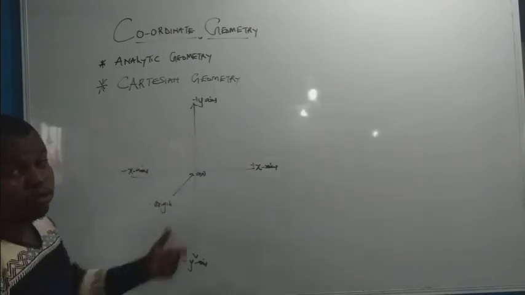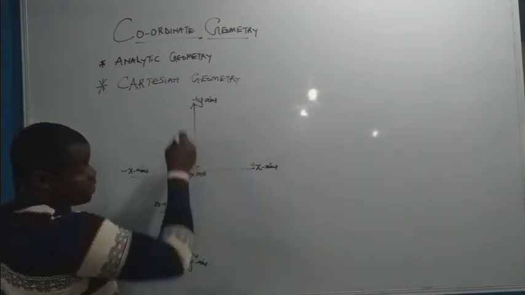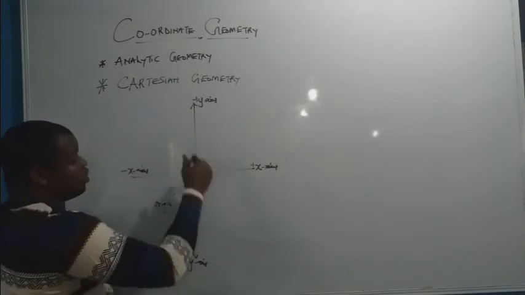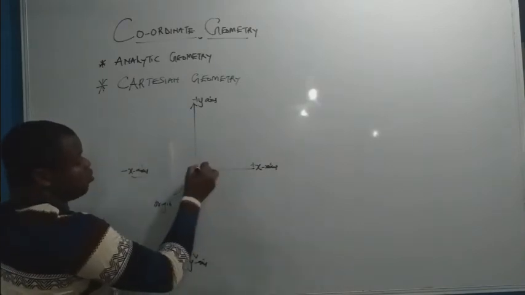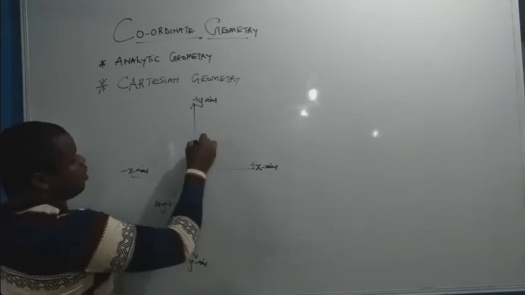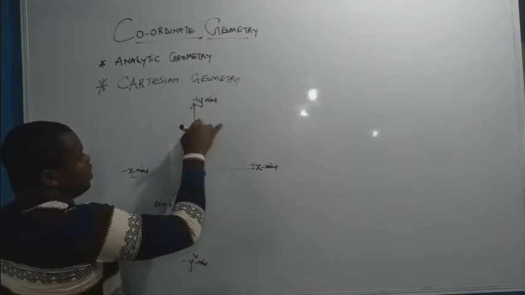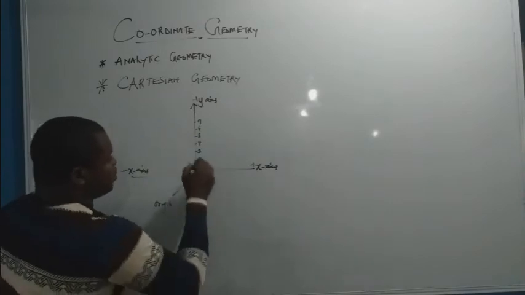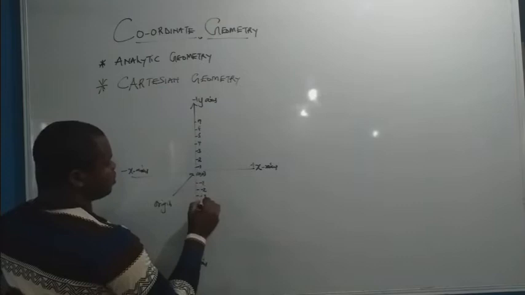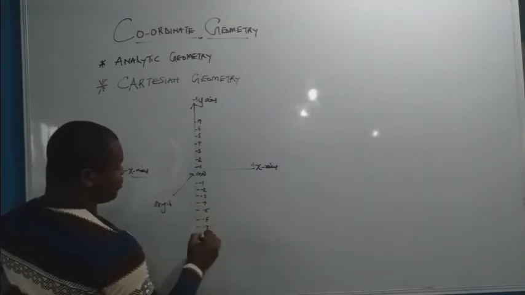Okay, so if you remember how to plot your graph, you start with a scale, or you're given a scale to follow. So let's assume that here is 1, 2, 3, 4, 5, 6, and 7. This is the positive y. Then here will be minus 1, minus 2, minus 3, minus 4, minus 5, minus 6, minus 7, minus 8.